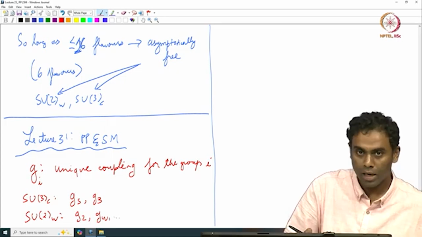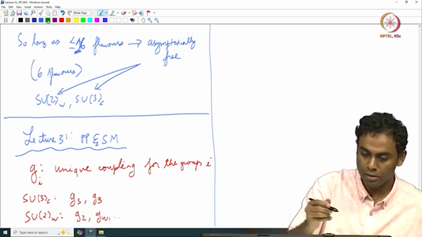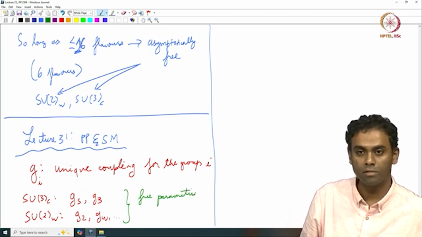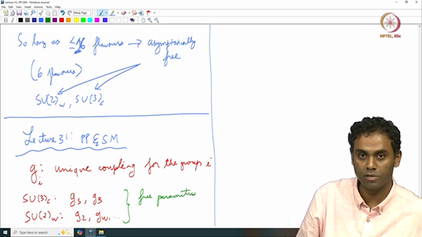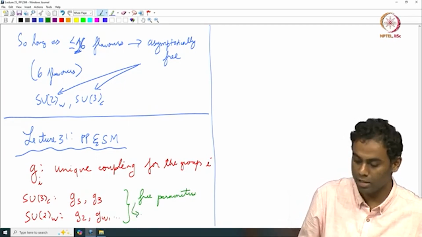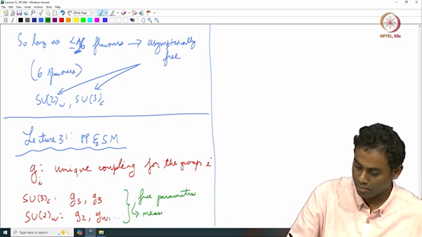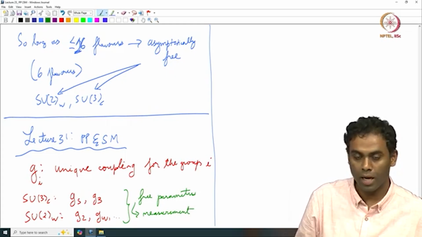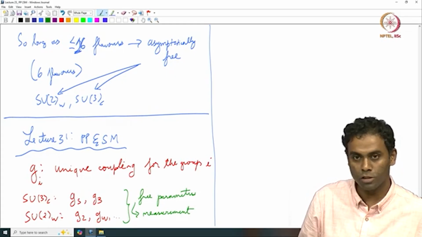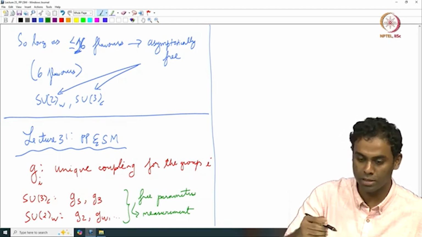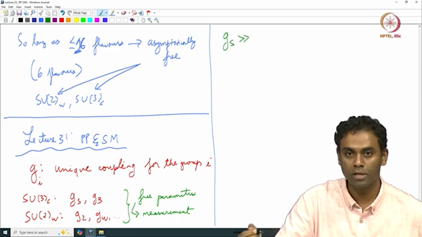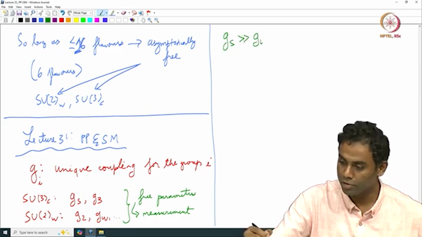This coupling is one of the free parameters of the standard model. There is no way to predict this coupling from first principles, so this is literally obtained from measurement. And the reason the strong force is called the strong force and the weak force is called the weak force is simply that the strong force coupling happens to be much larger than the weak force coupling.